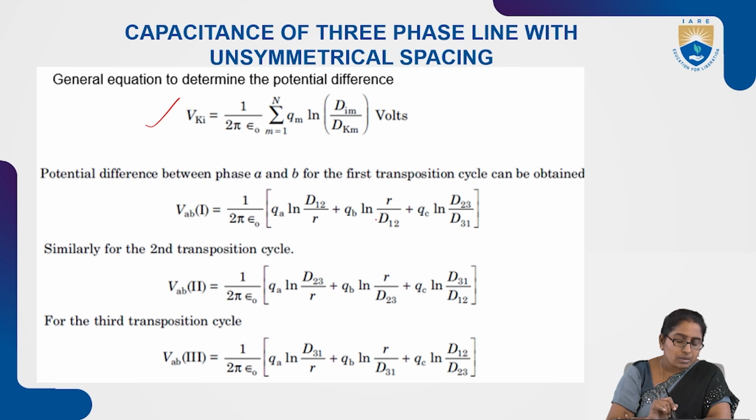Then QB is given by log of smaller r by capital D 12, in the same manner as previously written. Then QC is nowhere in the picture, so we just consider the distance of this third conductor with respect to the first and second conductors.